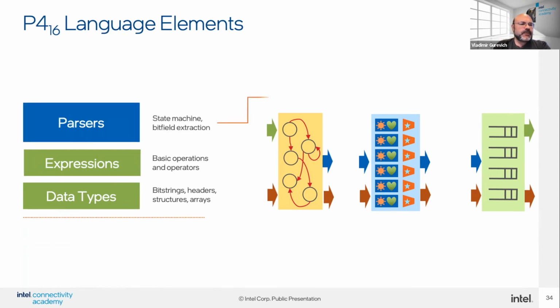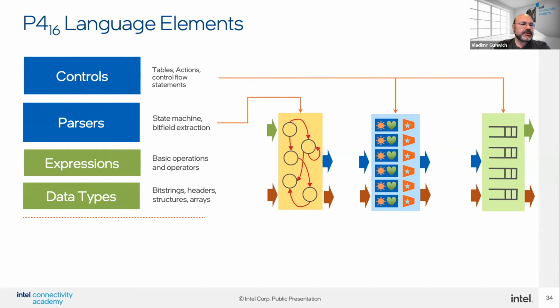There is a way to express parsers, which we program as finite state machines. So it's a fairly unusual way of programming. And we have so-called controls, which look very simple, like pieces of C code, where we execute things sequentially, the same way as you would write in any familiar programming language. These controls are used to express both match action processing as well as deparsing.